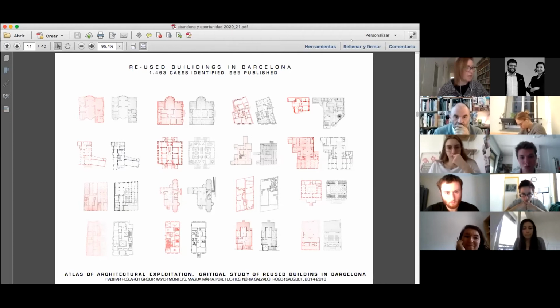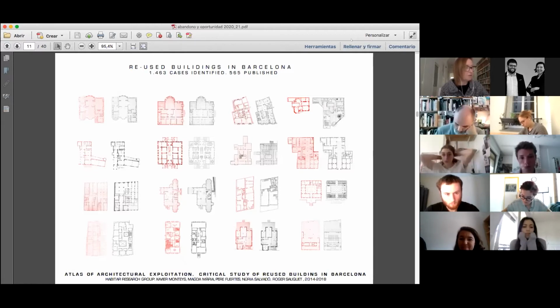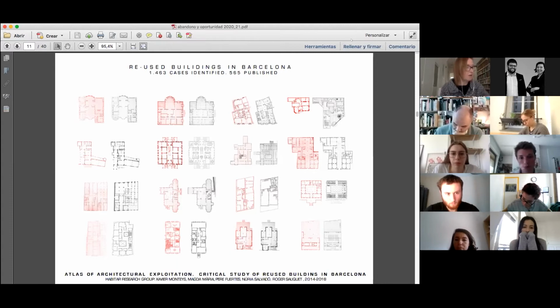In a recent study on the reuse of buildings in Barcelona, made by our research group, Habitar research group of the Polytechnic University of Catalonia, and published under the title Atlas of Architectural Exploitation, a critical study of reused buildings in Barcelona, we have identified 1,463 cases of buildings that from the first century to the present have changed their use once or more times.